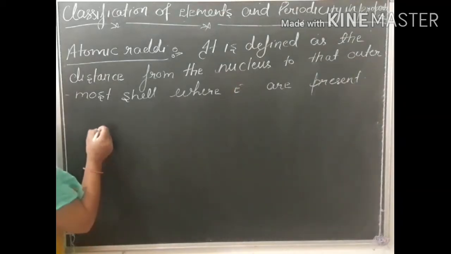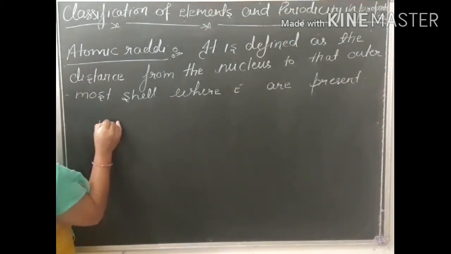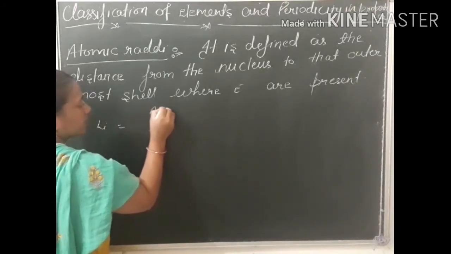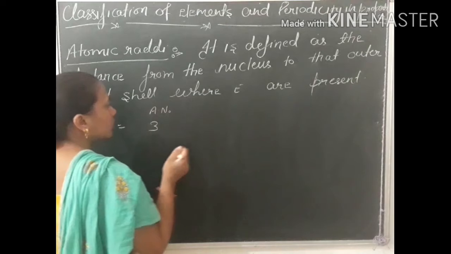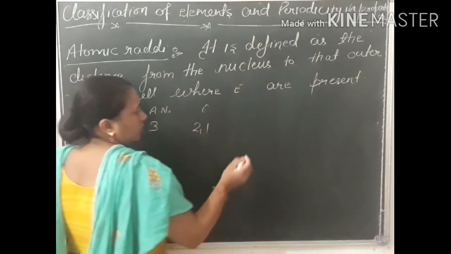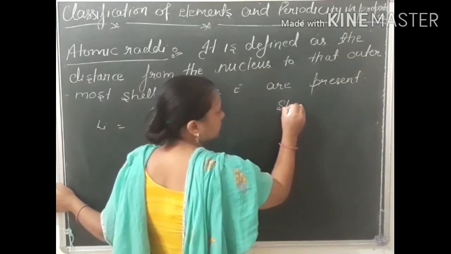For example, in the case of lithium, the atomic number is 3, so the electronic configuration is 2 and 1.